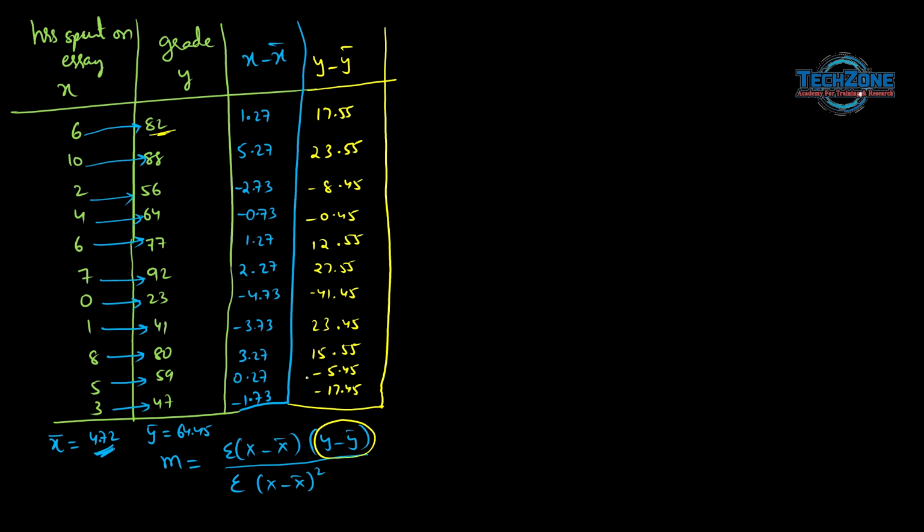These are the values. We found y minus y dash and we found x minus x dash. Now we need to multiply and add them, right?